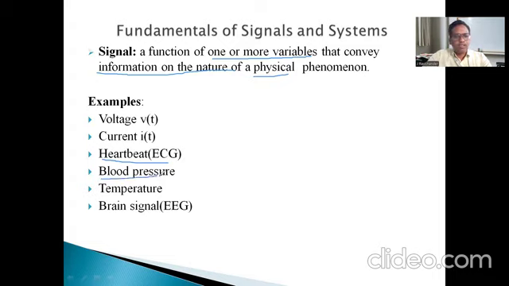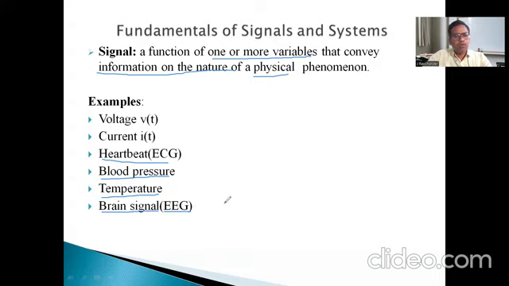Another signal is the blood pressure signal, which gives the BP of a particular person. Temperature signal, which can be measured from the environment using thermometers. Another one is brain signals, that is EEG, measured by using an electroencephalogram.